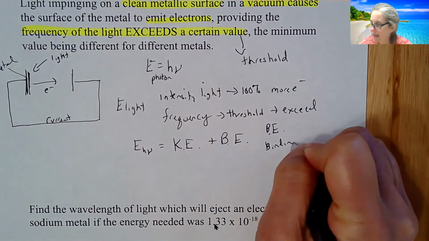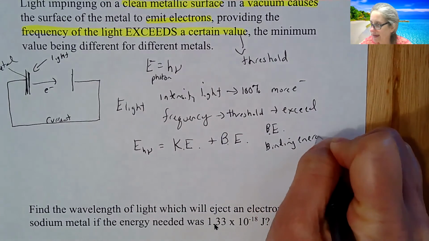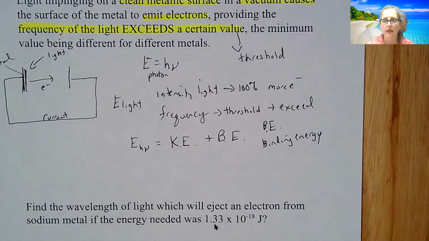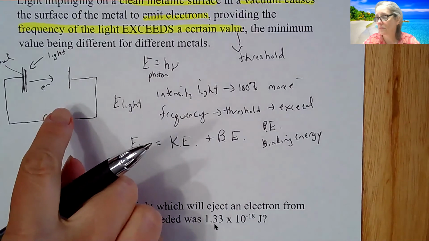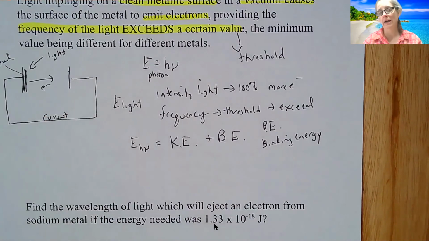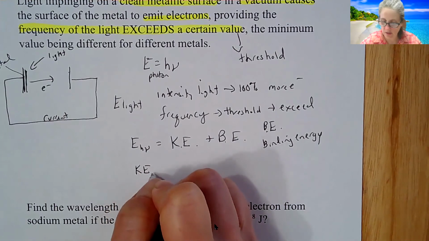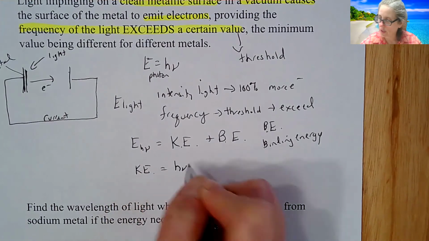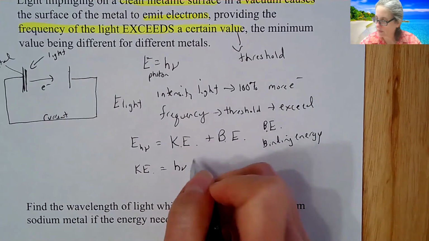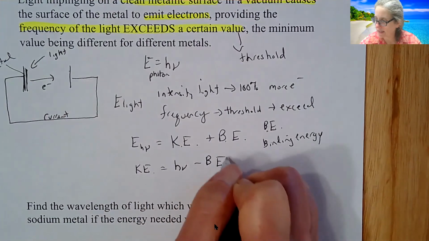What keeps that electron in that atom? And that was something that Einstein, being a pretty smart guy, got his Nobel Prize for, because scientists couldn't figure out how this was working. So if I rearrange this, the kinetic energy equals Planck's constant times frequency minus the binding energy.